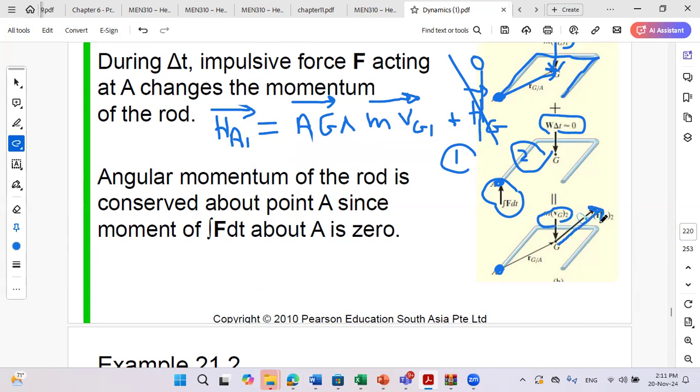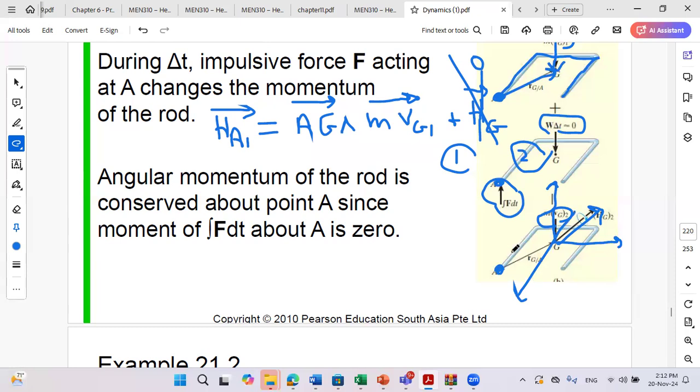Now, what is the general formula for HG2? First, we have seen that we need to select an appropriate frame XYZ, so we can take XYZ in a way to have the products of inertia equal to 0. As you can see, if you take this system, you have two planes of symmetry.